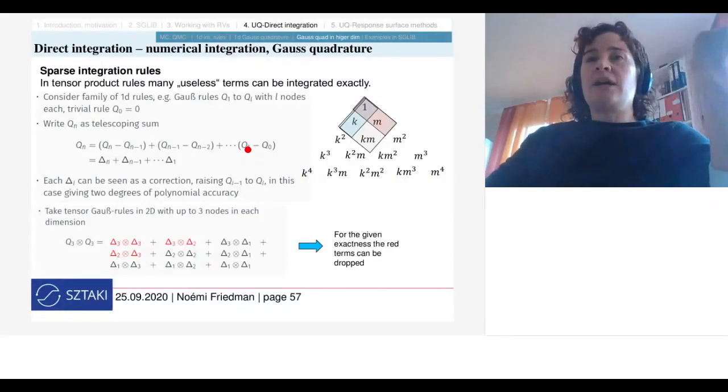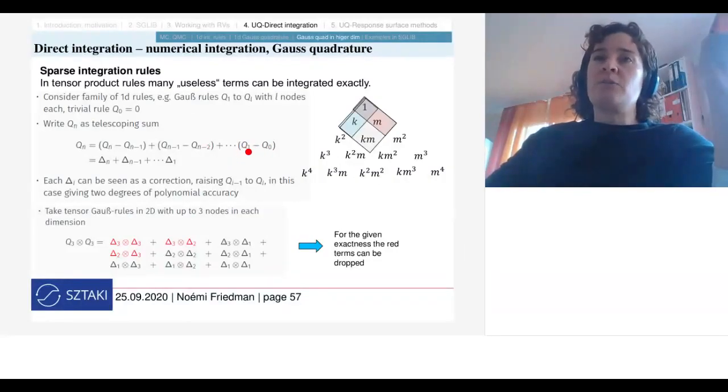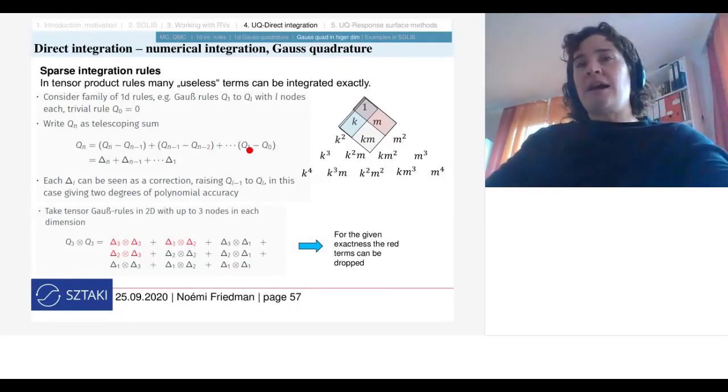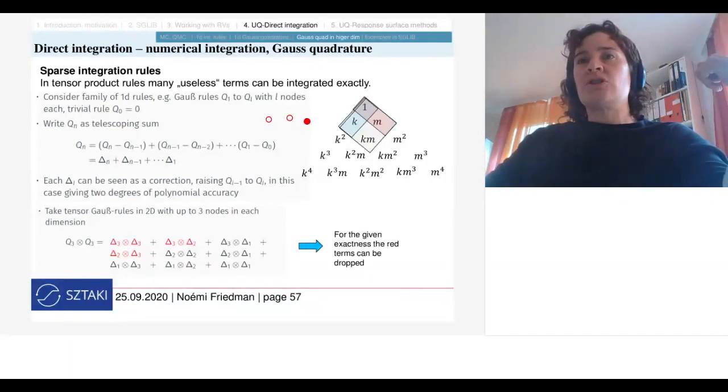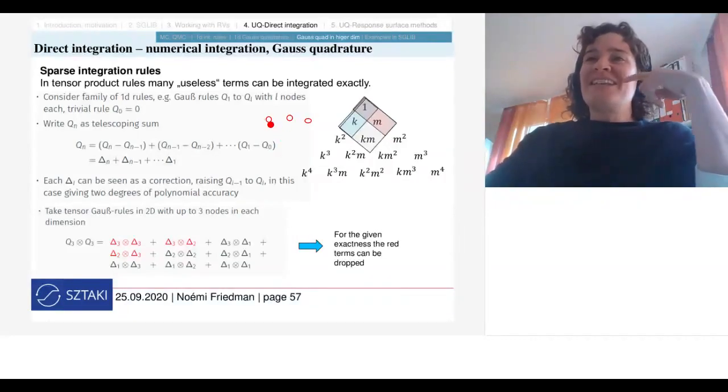Now, how do I get from the first point to the second point? Then I have to cancel out the first point, because let's say I have the 1-point rule, according to Gauss quadrature, but the 2 points will not be that I add another point, but it will be 2 other points, located at different points.